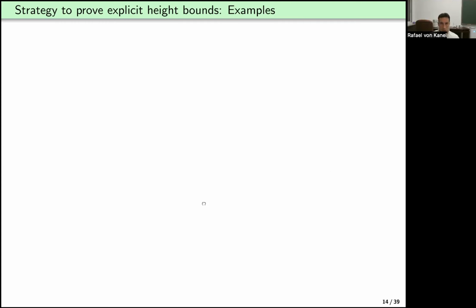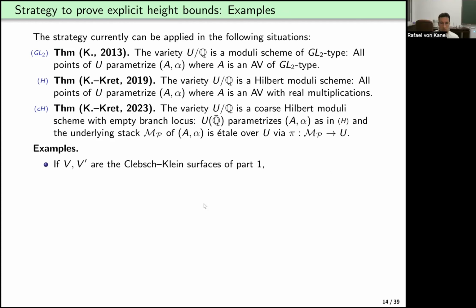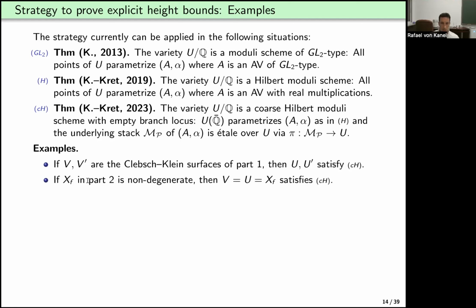One can, for example, look at the following examples. The first example is V and V prime, the Clebsch-Klein surfaces discussed before. Another example is these ICO curves X_F which are non-degenerate, so the delta is non-zero. Then one can also look at all plane curves inside P2 which satisfy some criterion tau, which we will discuss in part 5 of the talk.